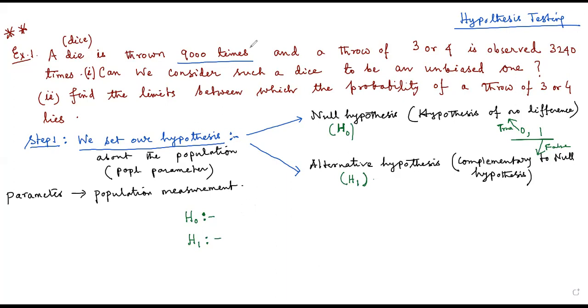Now look at the problem carefully. The problem is saying that you are throwing the die 9,000 times and the throw of 3 or 4 is observed 3240 times.